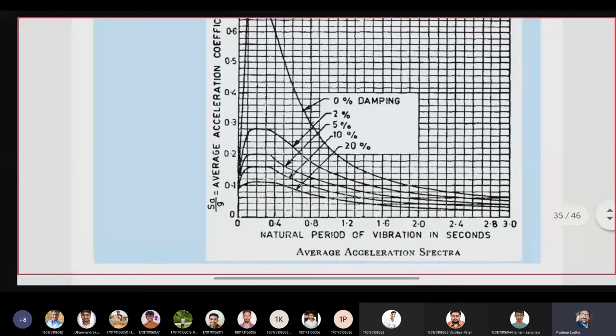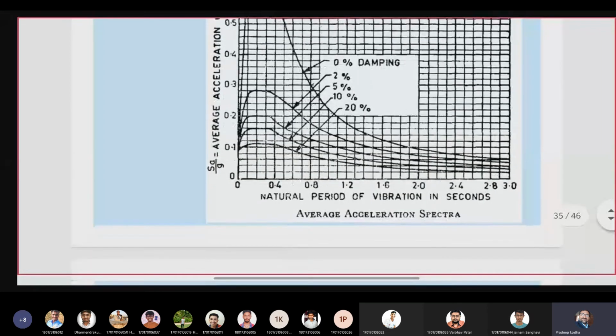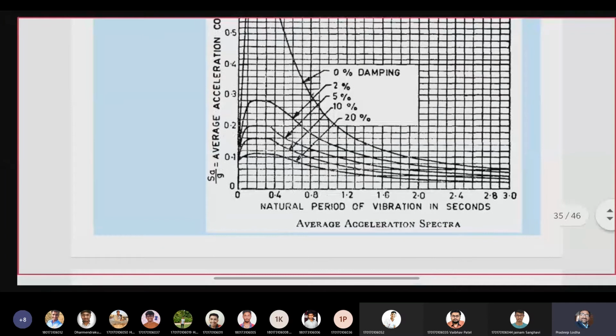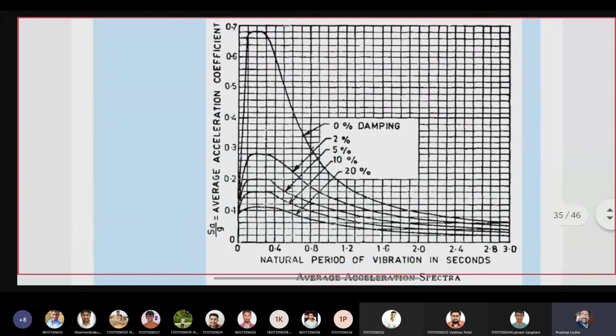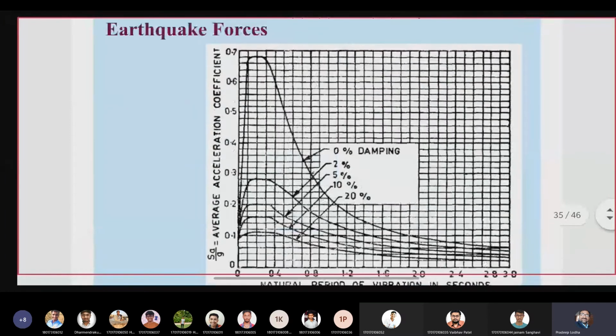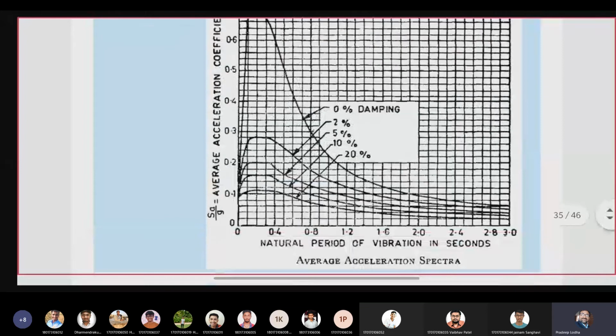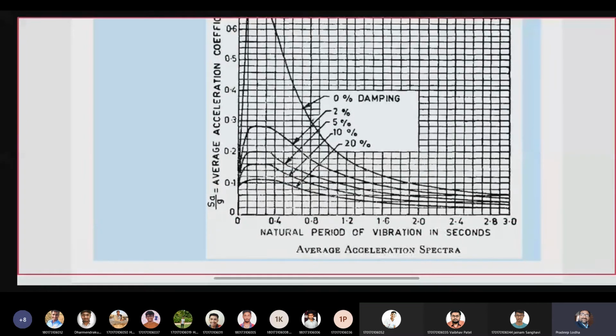I'll complete this. So on the x-axis, you could see that there is the average acceleration spectra, and onto the y-axis, what is there? Sa by g, the average acceleration coefficient, that is to be taken with 5% of damping.